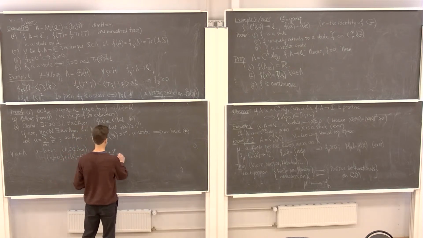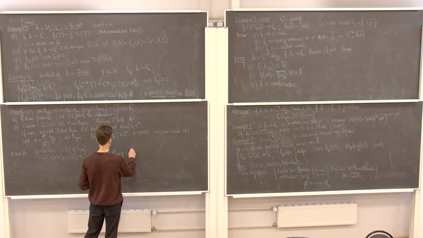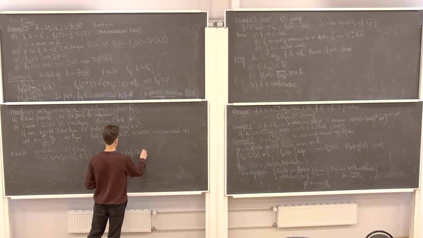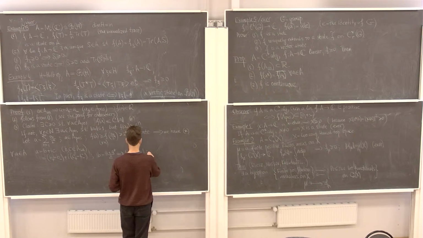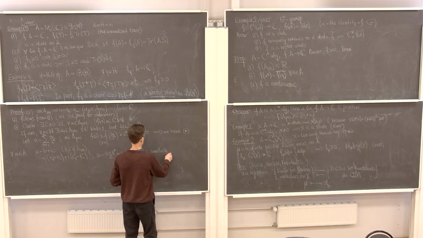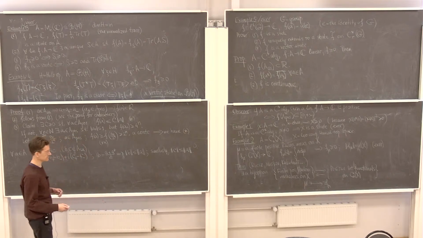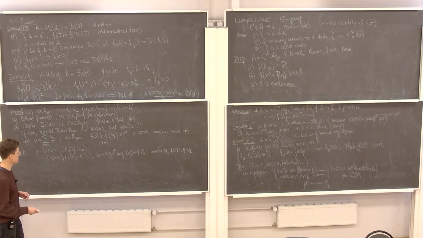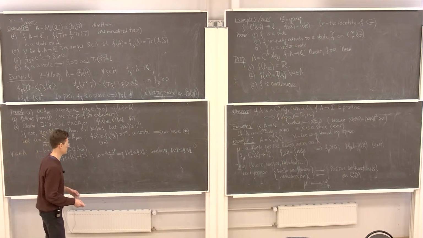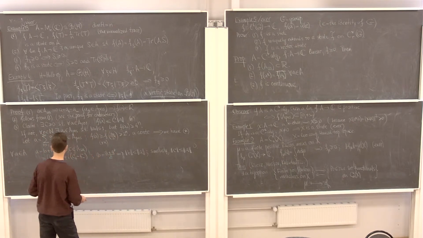So this implies that the norm of b is less than or equal to the norm of a. Similarly, c is a minus a star over 2i, and for the same reason, its norm is less than or equal to the norm of a.